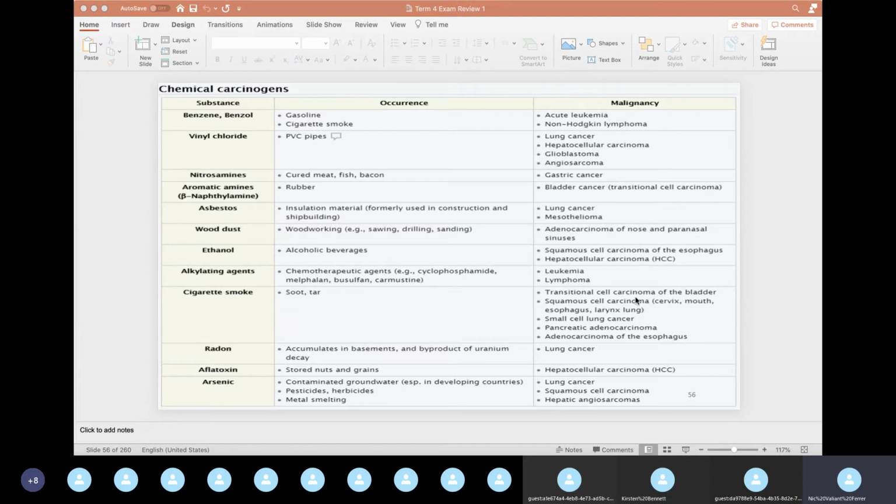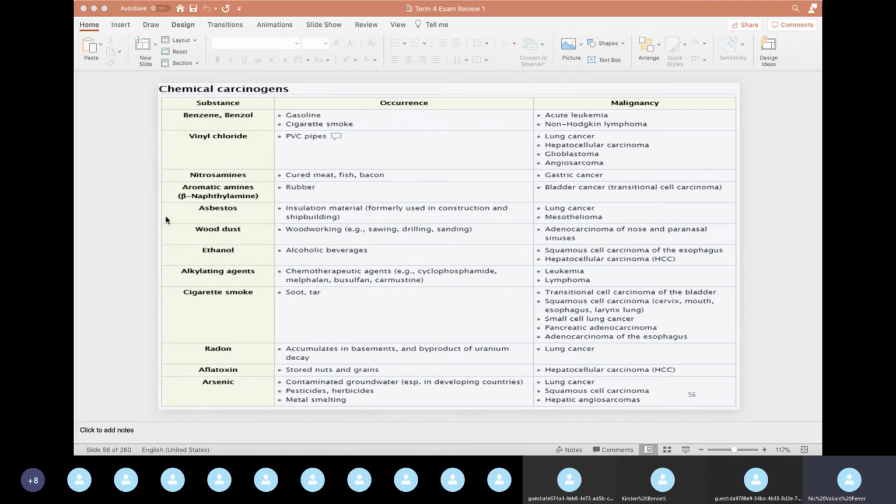Soot and tar, look at the cancers here. Everything, cervix, mouth, esophagus, larynx, lung, pancreas, bladder, like everything. Radon in basement and uranium decay, lung cancer. Aflatoxin, stored nuts and grains, hepatocellular carcinoma. Arsenic, pesticides, herbicides. For lung cancer, squamous cell and hepatic angiosarcoma.